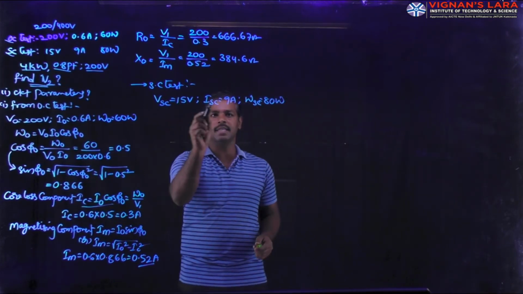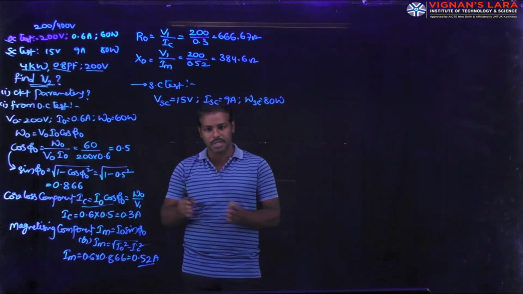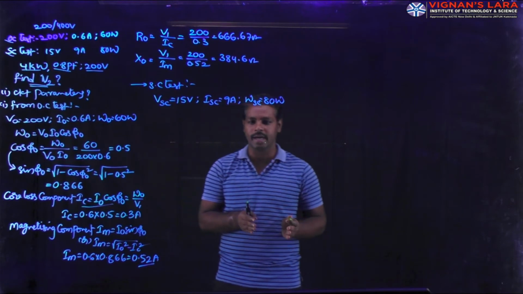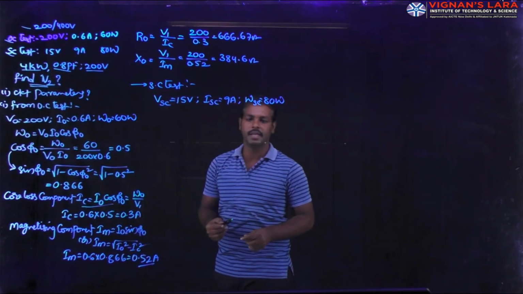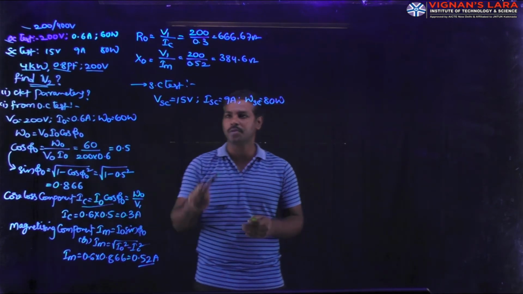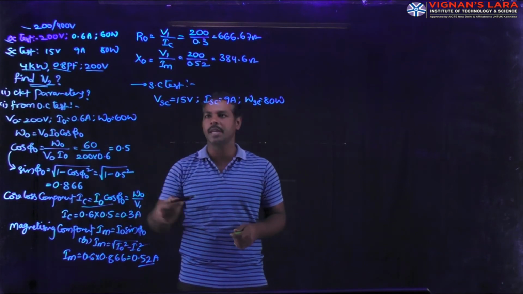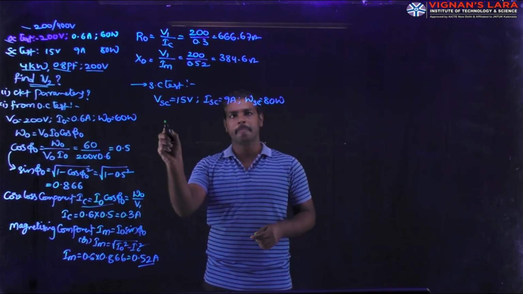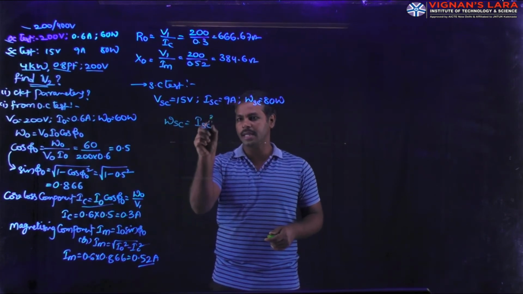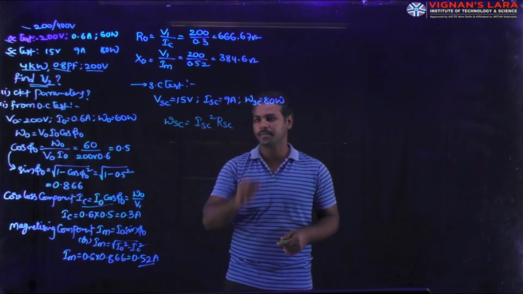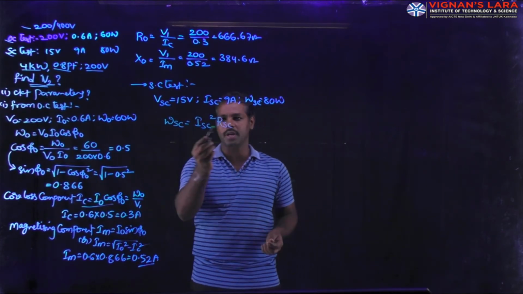Using these three values, we can find the equivalent resistance of a transformer referred to either the primary side or the secondary side, which is decided by the rating of the transformer. First we find the short circuit resistance, reactance, and impedance. WSC, the full load copper losses, is equal to ISC square into RSC, generally called I square R losses.